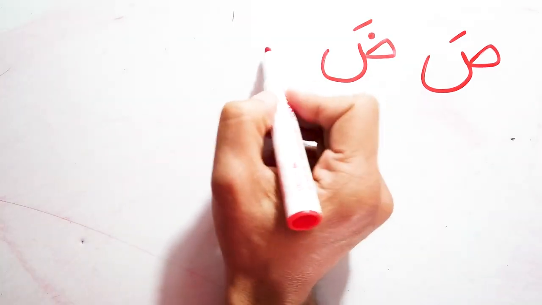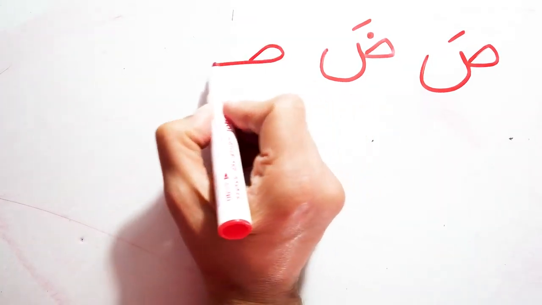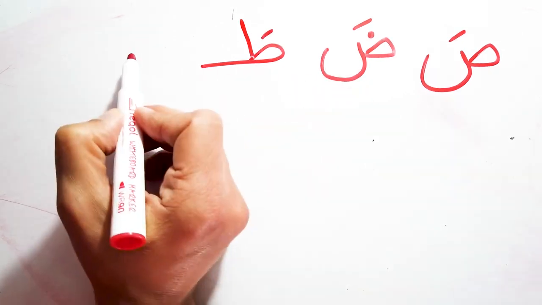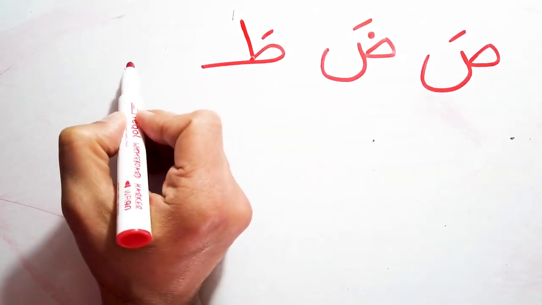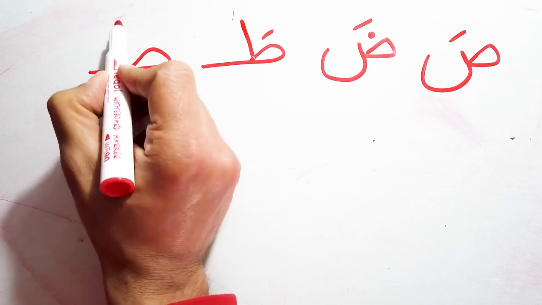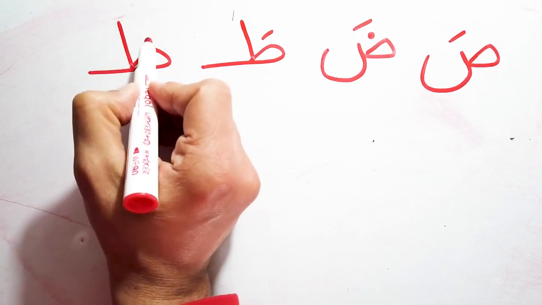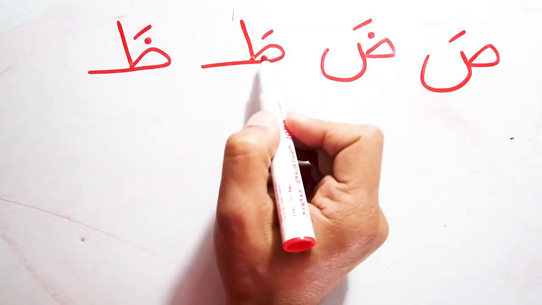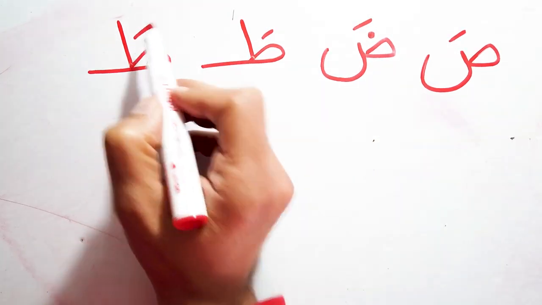We have pa. We have va. The shape of va is the same as ta, just we add this dot here.